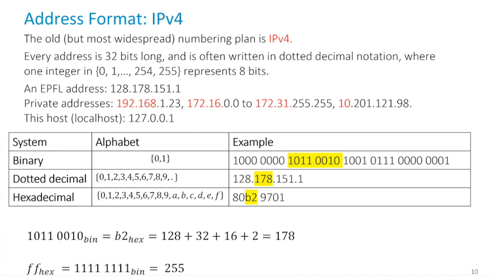Now, if you're interested in how we convert, well, here is the rule. The rule is that you expand according to the powers of 2, and base hexadecimal is according to the power of 16. So B2 means 2 plus B times 16. Just like 151 means 1 plus 5 times 10 plus 1 times 10 to the power 2.